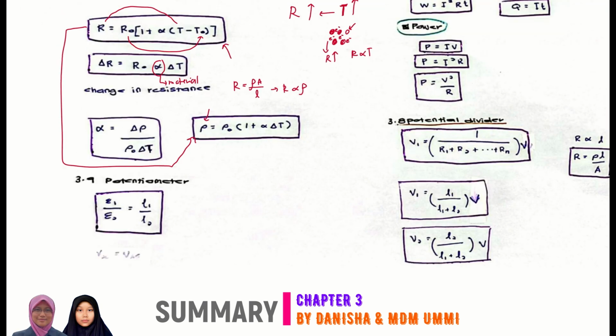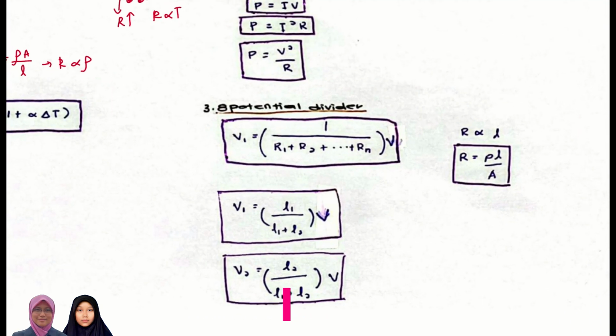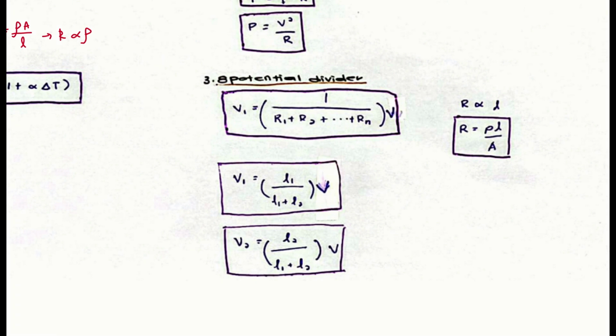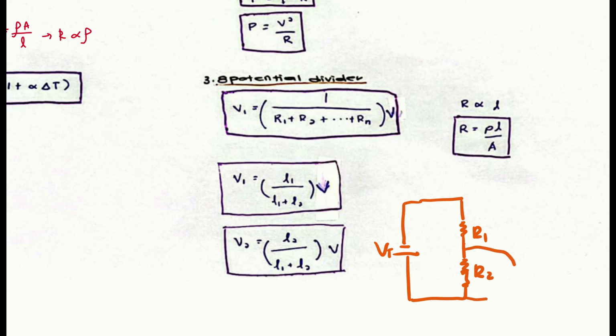Then for 3.8, you have potential divider. So basically a potential divider is for when you want to have a certain portion of voltage in your circuit. Let's say you have resistor 1, resistor 2, and the total voltage from the battery. Let's say we just want to get part of the voltage here. So we need to adjust so that we have only the voltage across resistor 2.